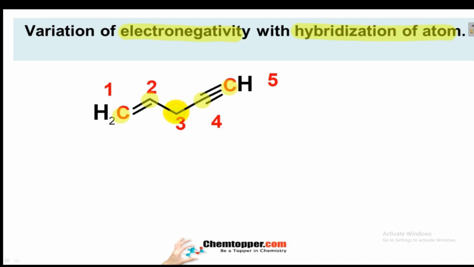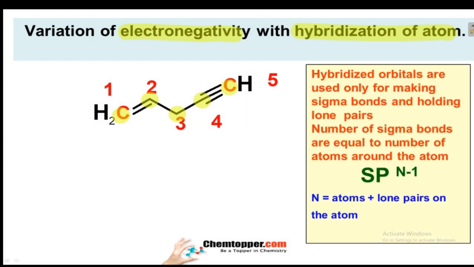Let's see which carbon atom in this molecule is going to be most electronegative. We have 5 different carbon atoms, and to know which carbon atom is more electronegative, we will work out their hybridization in the molecule.